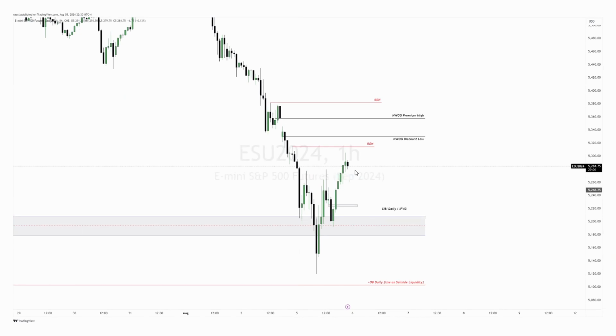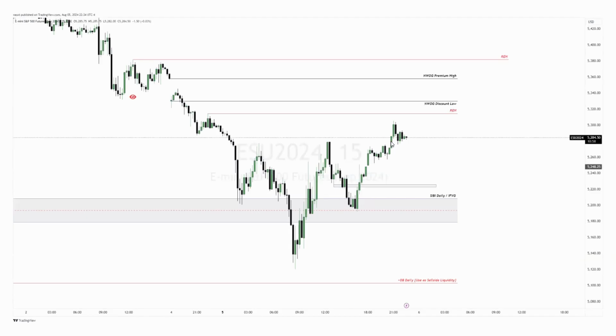So that was pretty nice price action to watch into close and the after hours session. And so I want to see this buy model be completed. Again, not too much to forecast, but this is the narrative we have for the week.